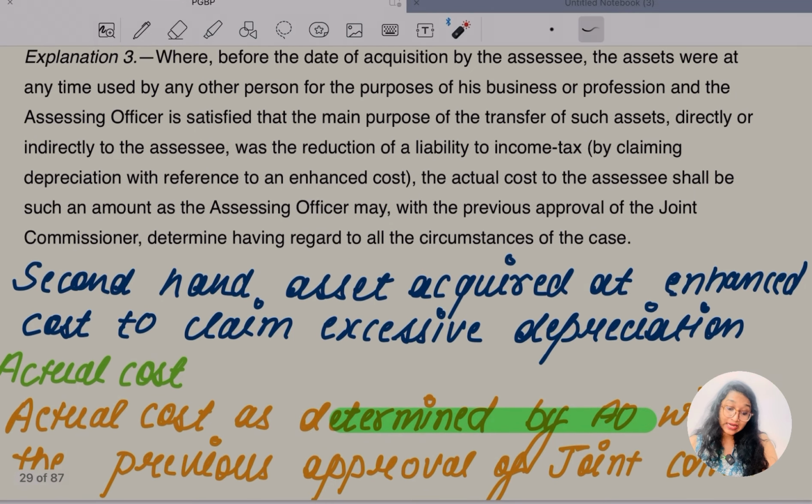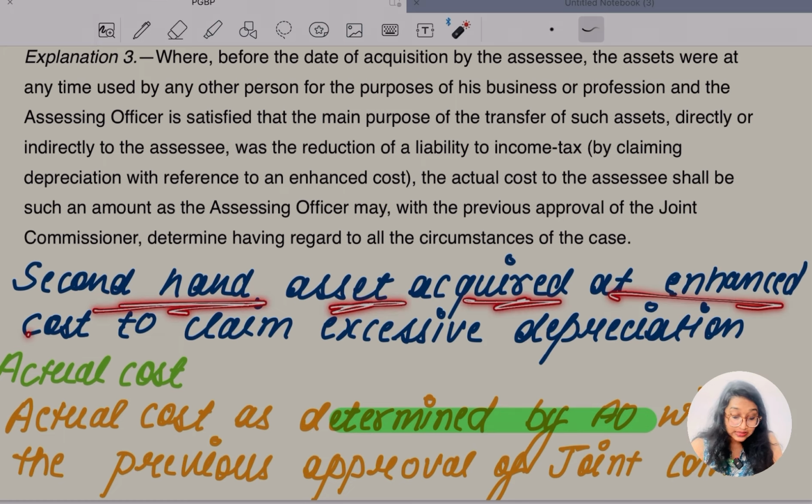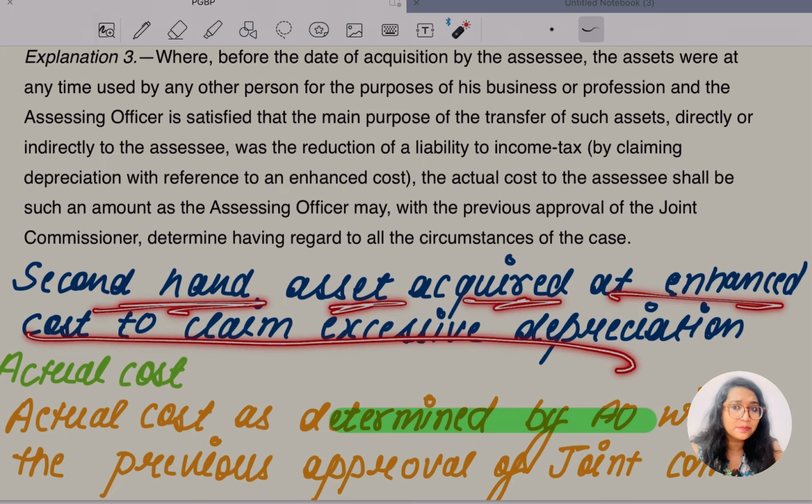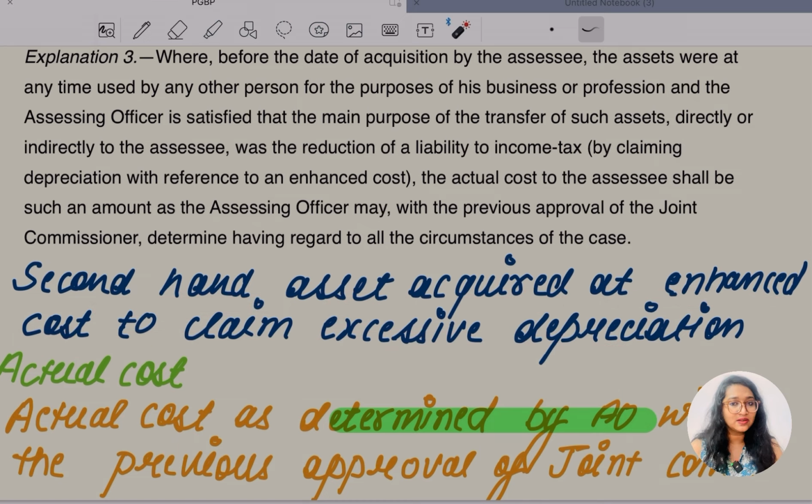Where the second hand asset is acquired at enhanced cost. Please note it. Where the second hand asset is acquired at enhanced cost to claim excessive depreciation. Once the SSE is going to claim the excessive depreciation, तो फिर क्या होएगा? Profit कम होएगा कि नहीं होएगा? तो simple बात है.